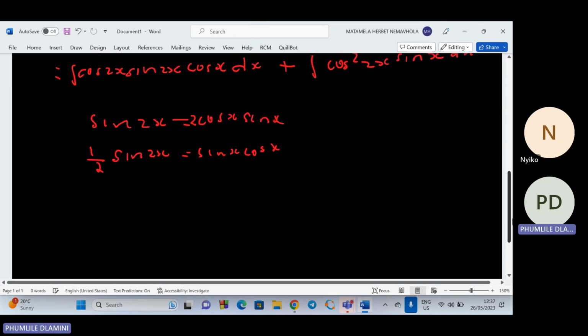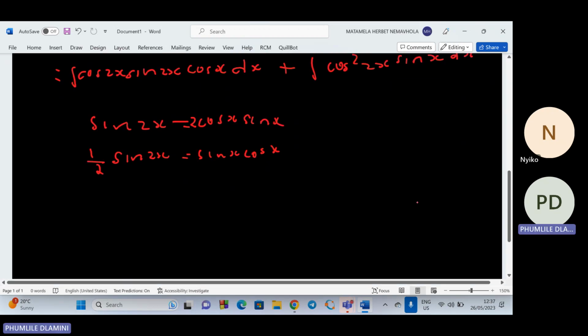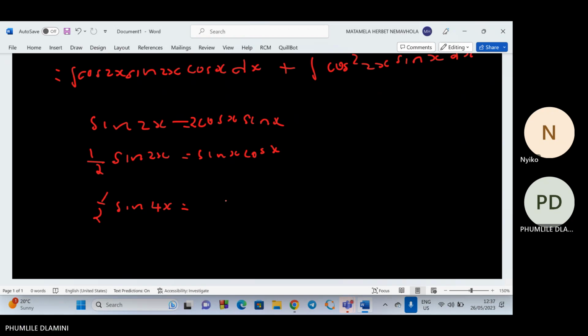Now that we know that, what can we do? What if we put 2x here? Then we can say that 1/2 sine 4x is going to equal, do you believe it will be sine 2x times cos 2x?